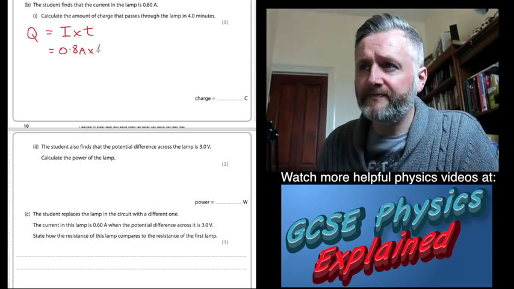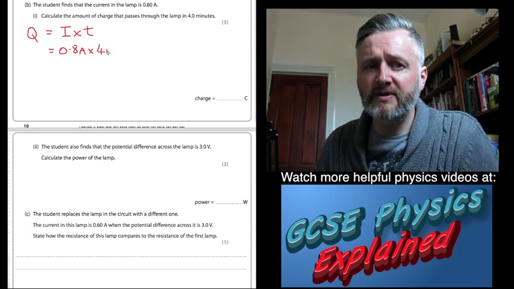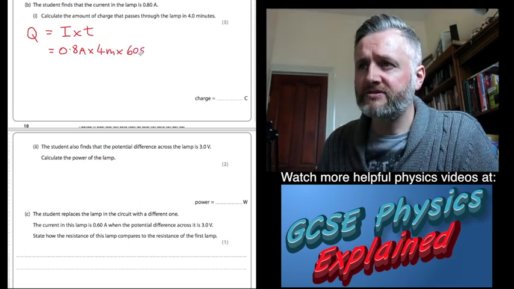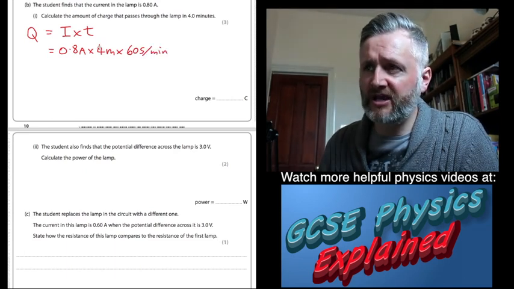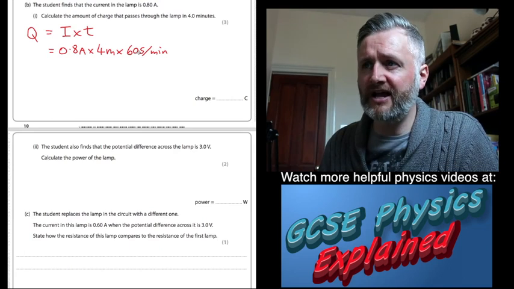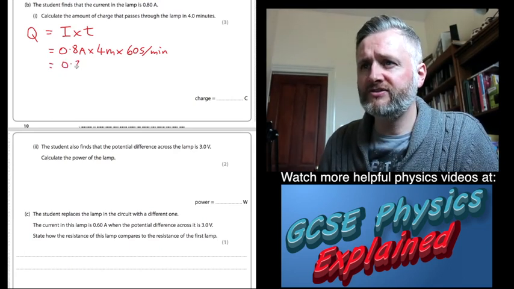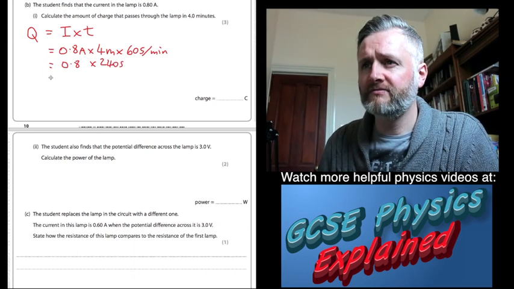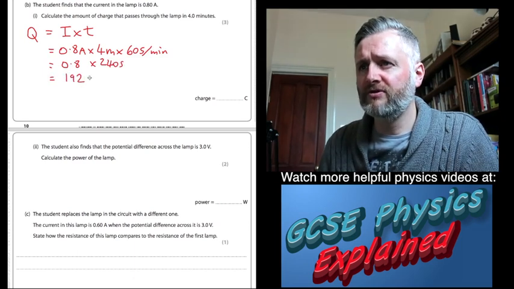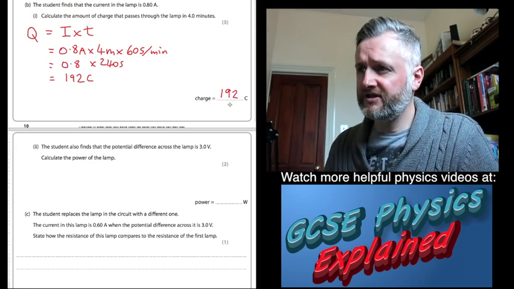Now this is the thing though, time has to be in seconds. So there's 60 seconds per minute, and there's 4 minutes, so that's 4 times by 60, that'll give you your total time. So you could say that's 0.8 times by 240 seconds, and that's 192 coulombs. Charge is measured in coulombs.